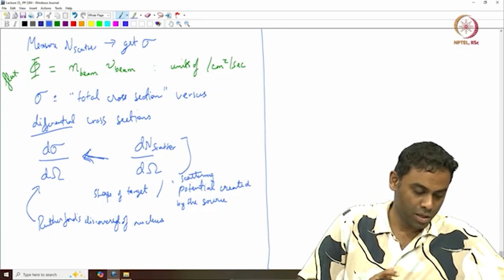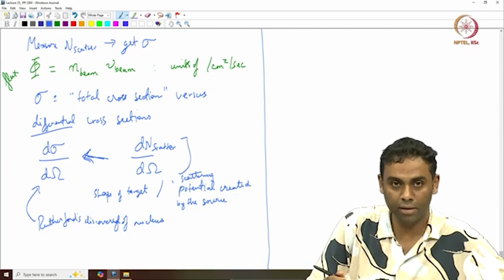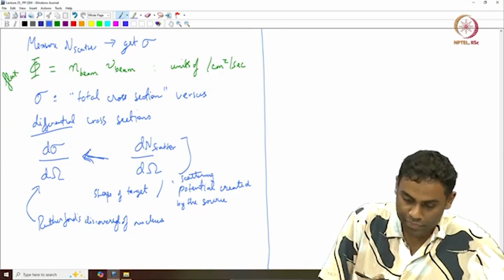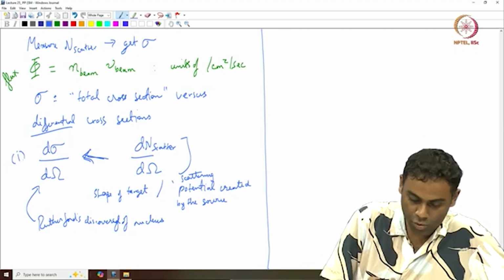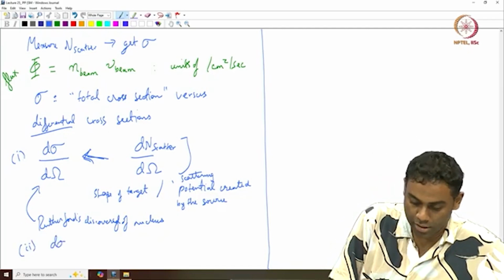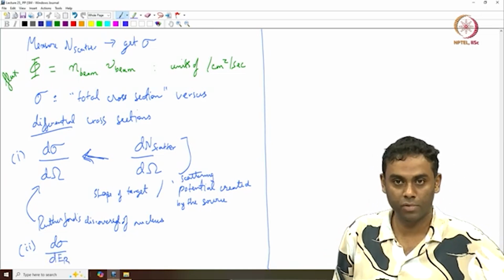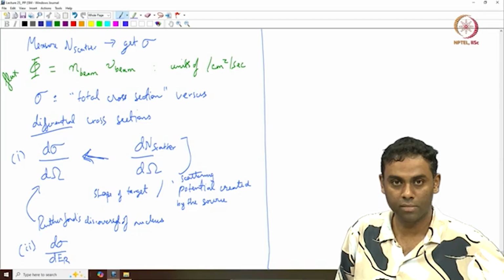Okay. So this is not the only differential that you can take. So let's call that 1. You can also look at the differential with respect to some energy. Let's say the recoil energy. That's why I'm writing ER here. Okay.